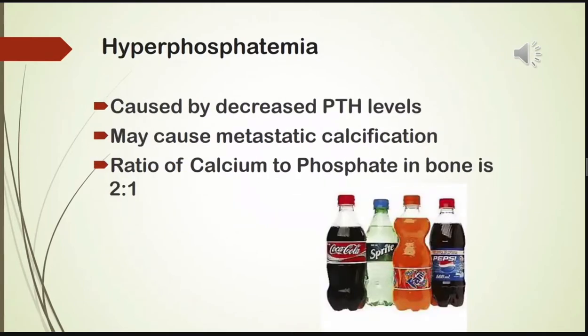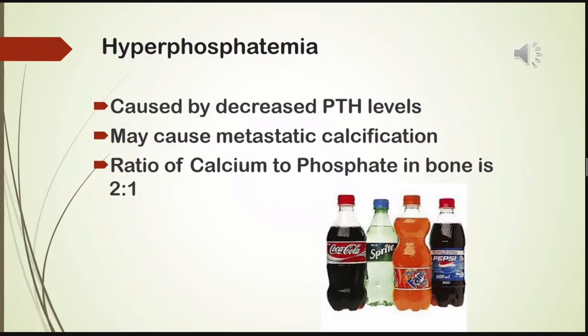Hyperphosphatemia is increased levels of phosphate in your blood. This can happen if you have decreased parathyroid hormone levels. This may cause metastatic calcification, a condition wherein you have abnormal bone formation in different areas of the body.